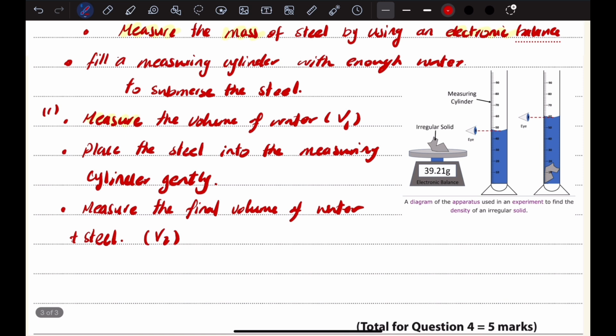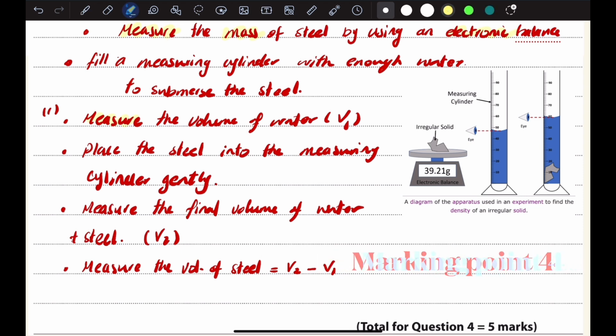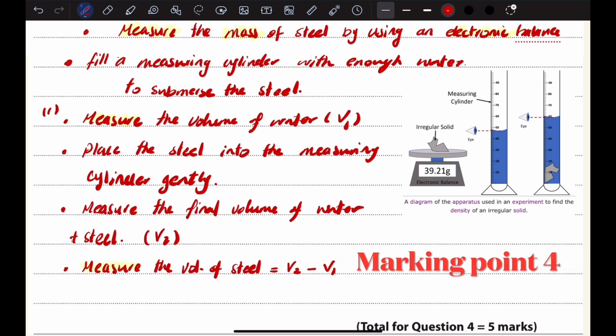So what is marking point 4 here? It is definitely to measure the volume of the steel using the equation V2, the final volume of object and water, minus V1. Okay, so shall I get 1 mark? Definitely there is 1 mark for this point.